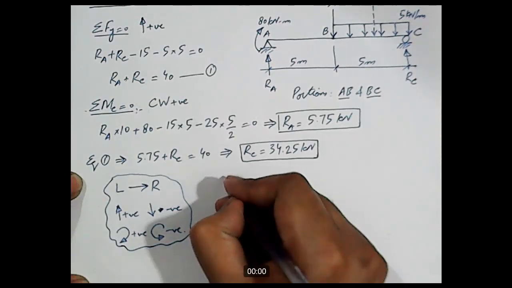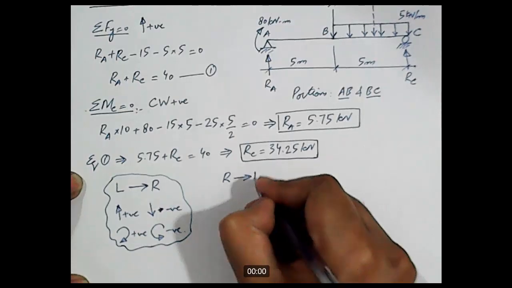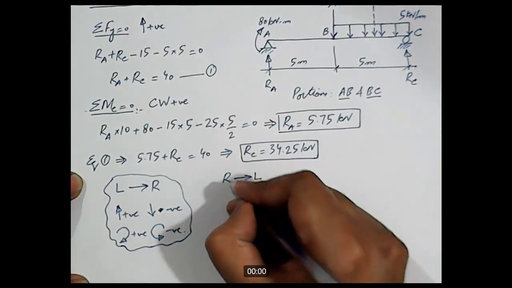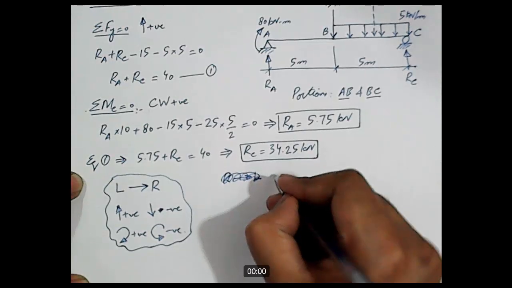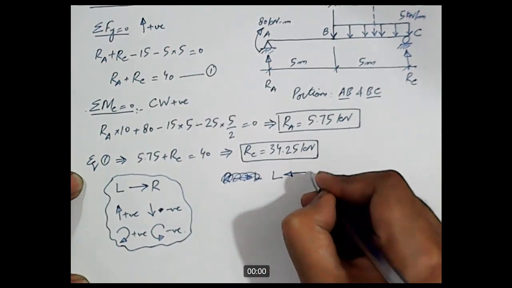Now, what we are going to learn today is what should be our convention when we move from right to left side. Or maybe it's better that I keep right and left the same, but I change this arrow direction.